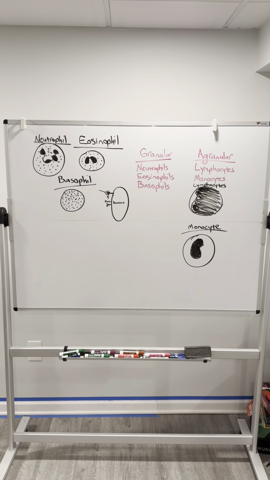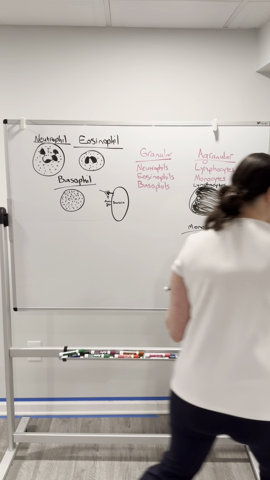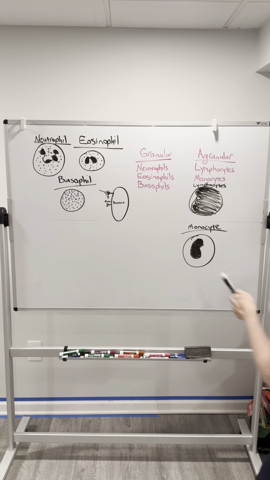Lymphocytes, a high lymphocyte count can mean a viral infection or maybe a leukemia. And low count can indicate some sort of prolonged illness that's using up these lymphocytes, maybe an HIV infection or some sort of immunosuppression.